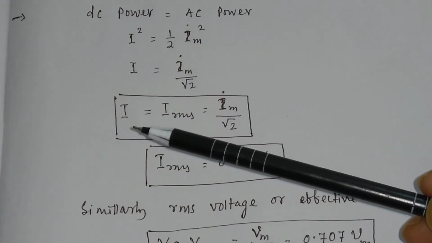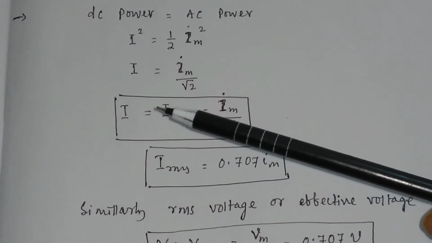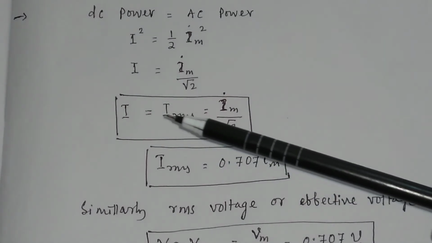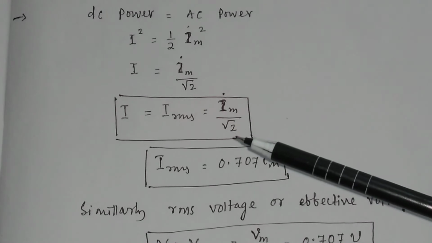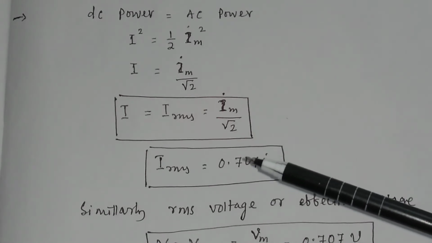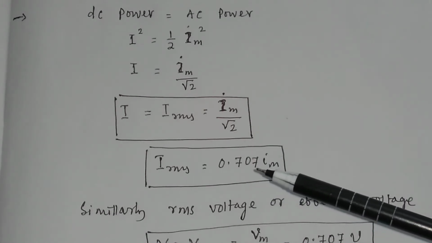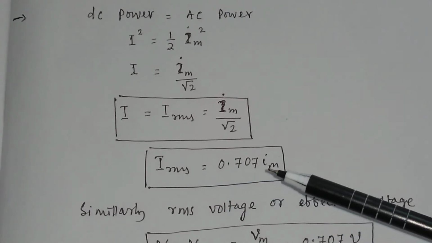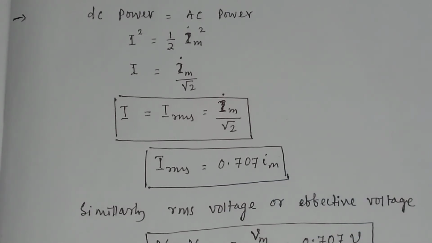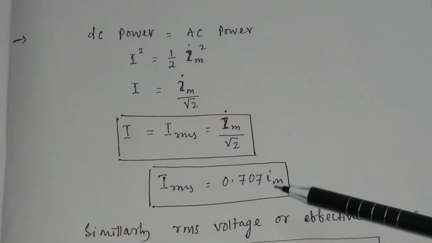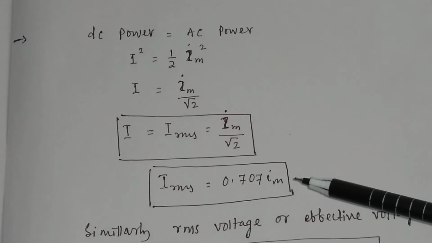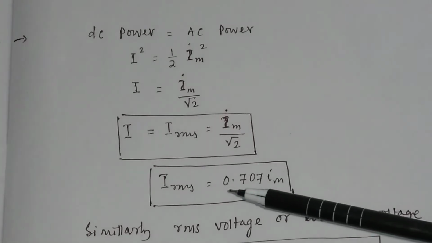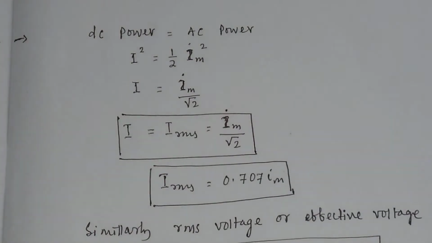IRMS, or written as I, or in some books IDC, will be equal to Im divided by root 2. 1 by root 2 is equal to 0.707. So IRMS is equal to 0.707 into Im. So 0.707 times the peak value of the current will give you the RMS value of current.